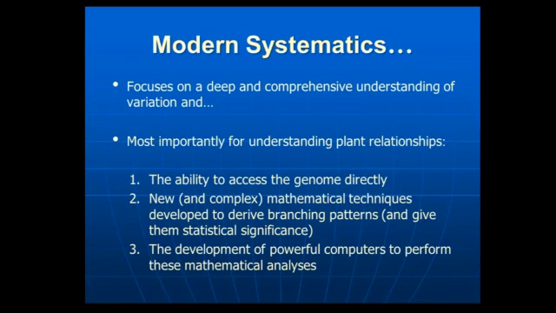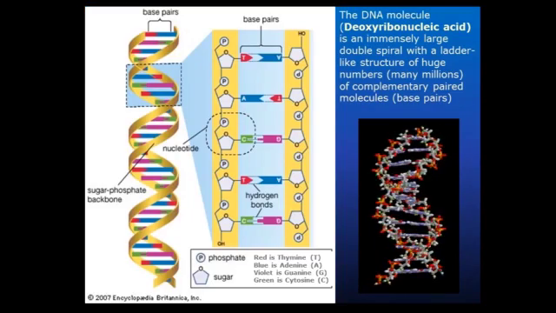But now we've developed powerful computers that can perform these mathematical analyses. So we can derive branching patterns that give us an insight into relationships, ancestor-descendant relationships in the past.